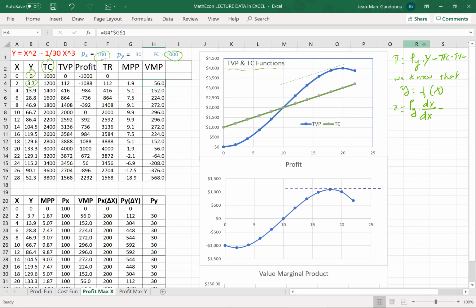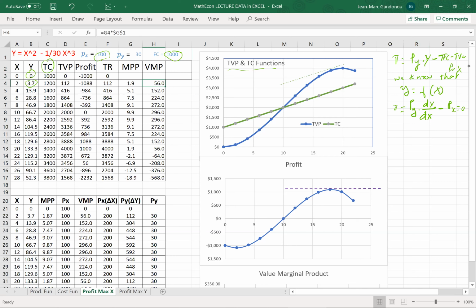The derivative of total fixed cost is a number, so 0. Total variable cost is px times x, so the derivative here is going to be px.